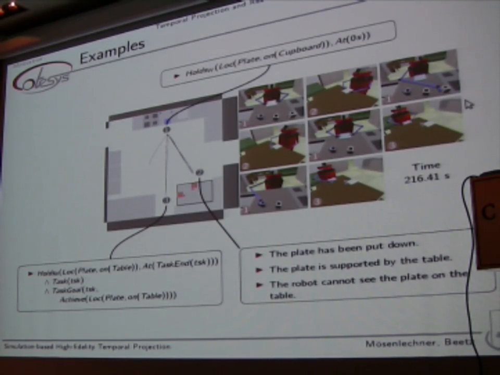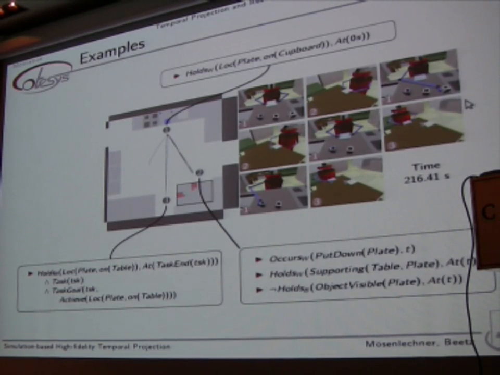And the other examples are now specified like this. It occurs that a put down event of the plate occurs at time t, or that at time t the plate is supported by the table, so basically it's standing on the table, or that it does not hold that the object plate is visible at time t. So this is basically how we can express this.